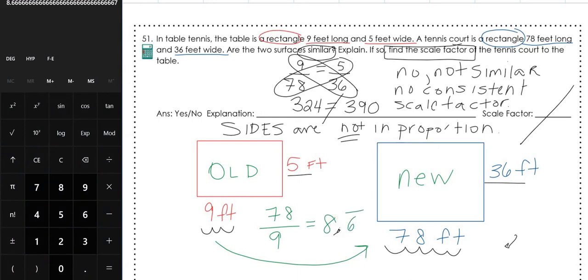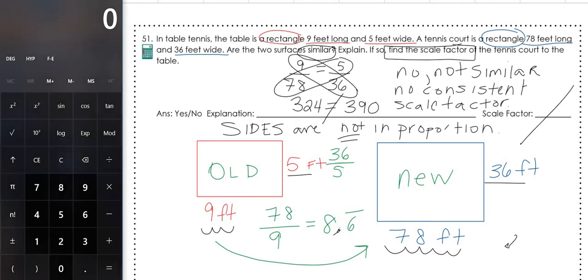Now, if I did the same thing with the widths and I did 36 divided by 5, I get 7.2.